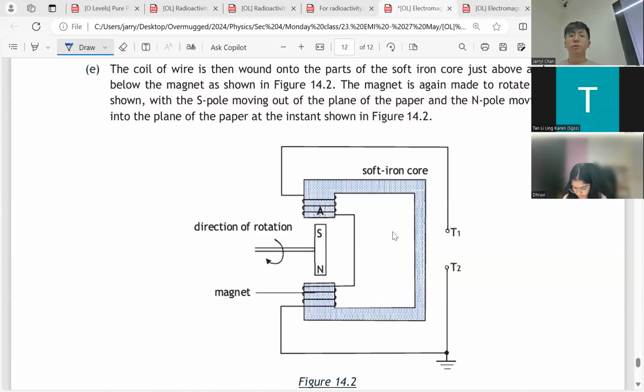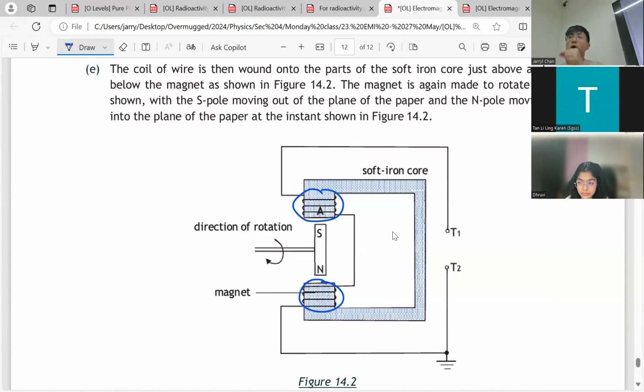Okay, so now the south pole is moving away from point A. Why is the question a little different in this case? Because I'm coiling the wire here. Therefore, I am trying to induce an EMF at this position.